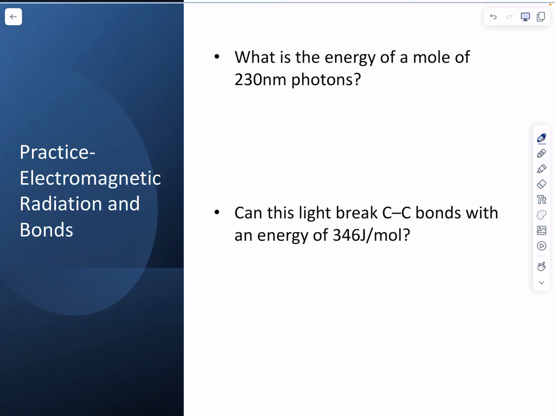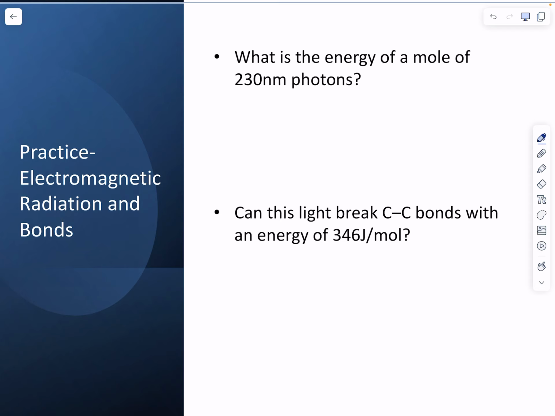When we were looking at the red versus the violet light, and when you increase the intensity, you can get electrons coming off with the violet light, but not the red. So we can also talk about the ability to break chemical bonds.